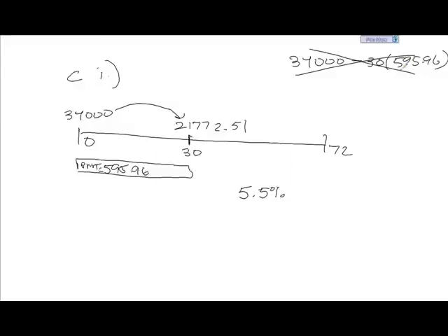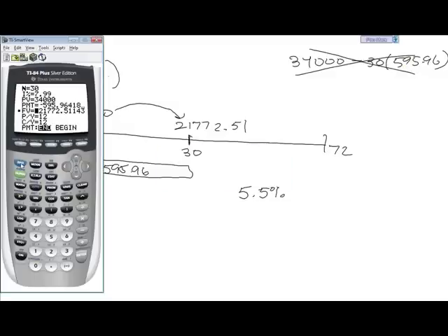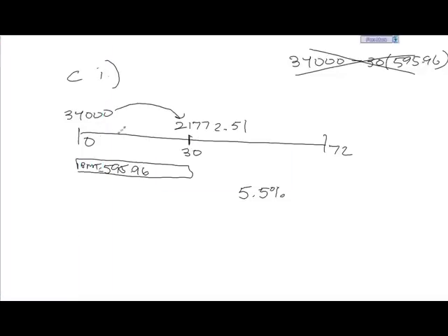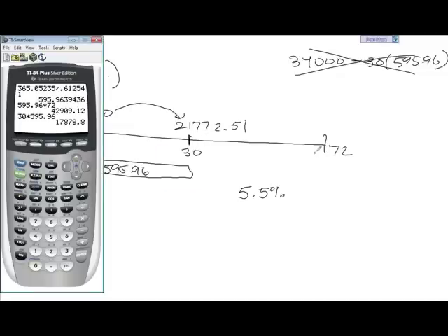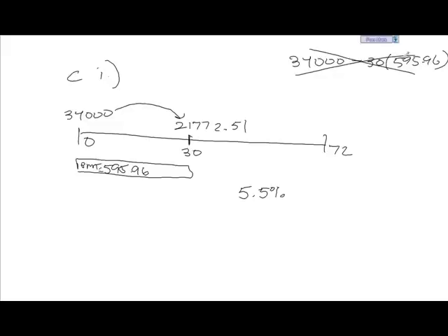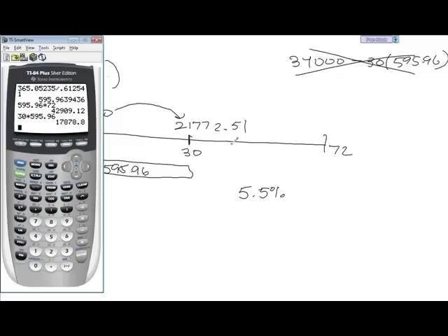Because if that were the case, 30 times 595.96 is $17,878. So that's more than half of what you borrowed, and you still have 42 months to go. So you pay it off way before then. So keep in mind, you can't just subtract the payment off to figure out what you still owe. You have to let the calculator do some of that work, because interest is compounded on the remaining balance every month.